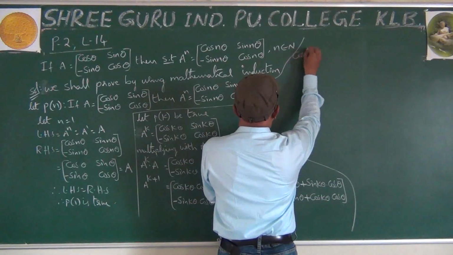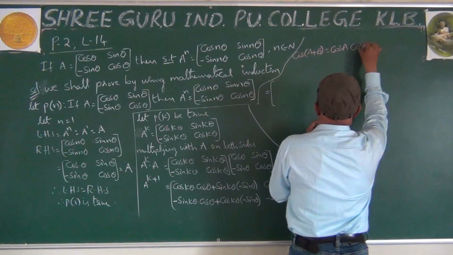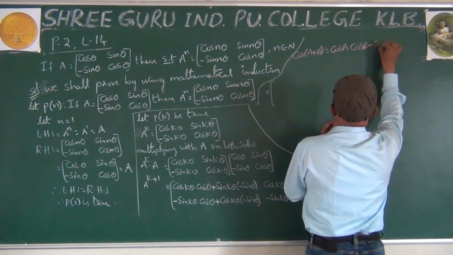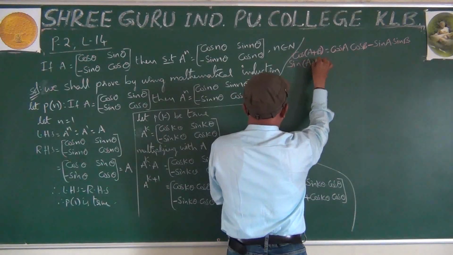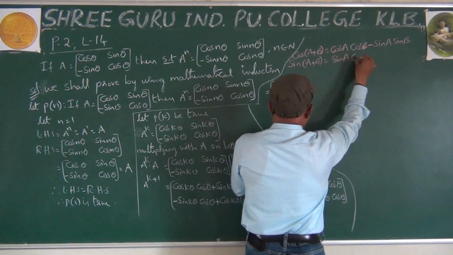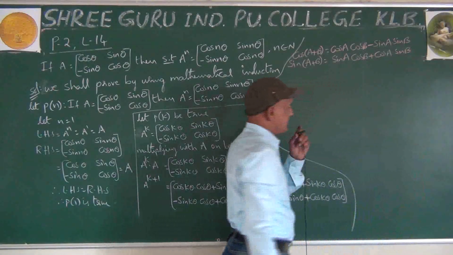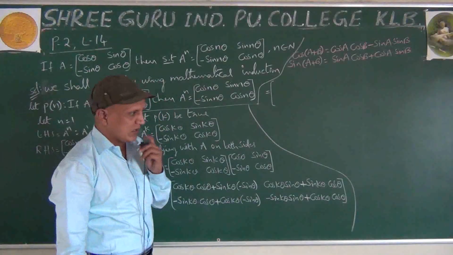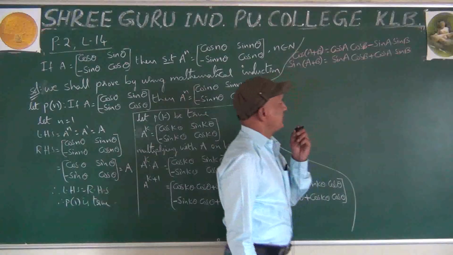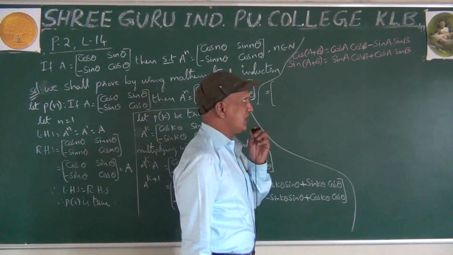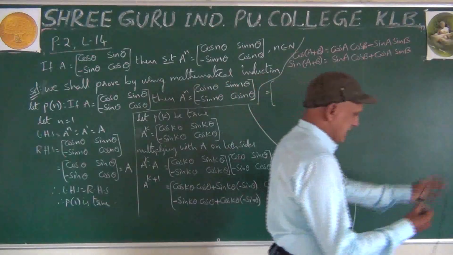Cos of A plus B equals cos A cos B minus sin A sin B. Sin of A plus B equals sin A cos B plus cos A sin B. Okay.